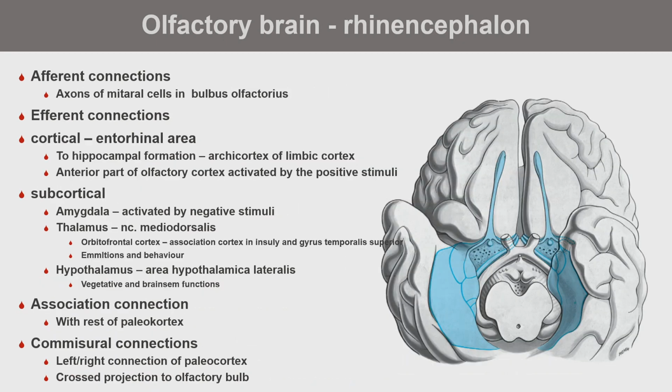So it has some cortical and subcortical rhinencephalic relations. So cortical is called entorhinal area. Entorhinal area is archicortex, more developed, so association system, which is association system of a limbic cortex, limbic system.